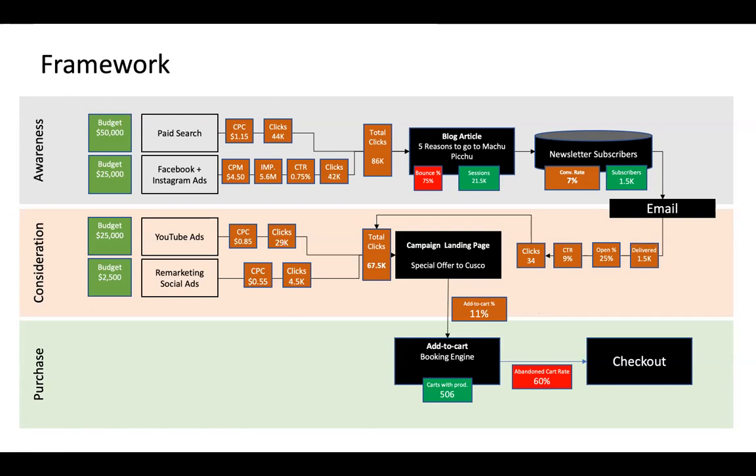For instance, I got 44,000 clicks from my paid search campaign and 42,000 clicks from my social media campaigns. That's a total of 86,000 clicks. When you discount the bounce rate, only 25% of the clicks would end up in a session. So that's how I got to 21.5 thousand sessions. Okay, thank you so much.